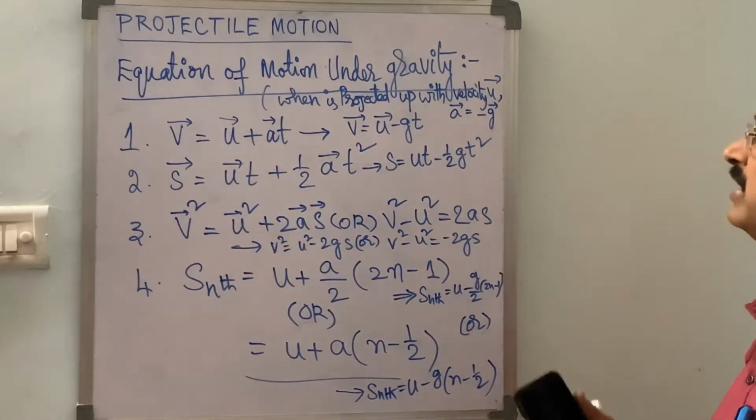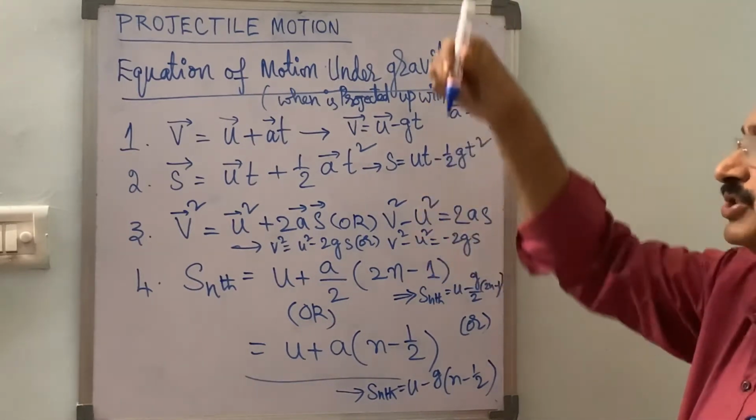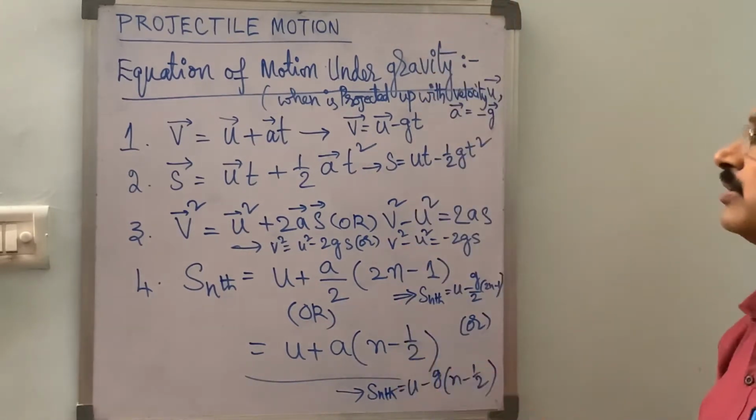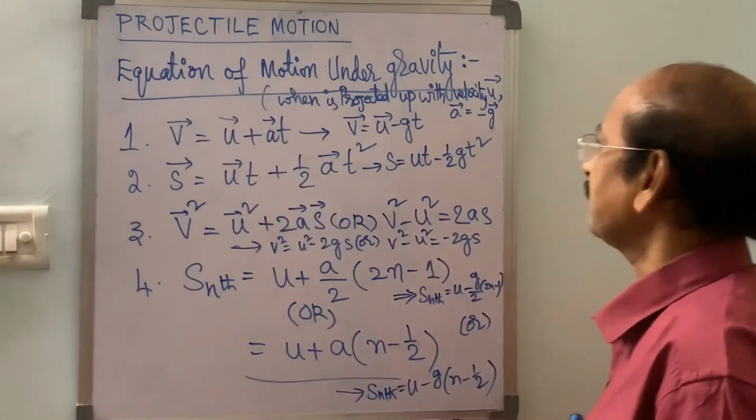Now when the body is moving from maximum height with zero velocity and moving towards the earth, then its velocity u is equal to 0.